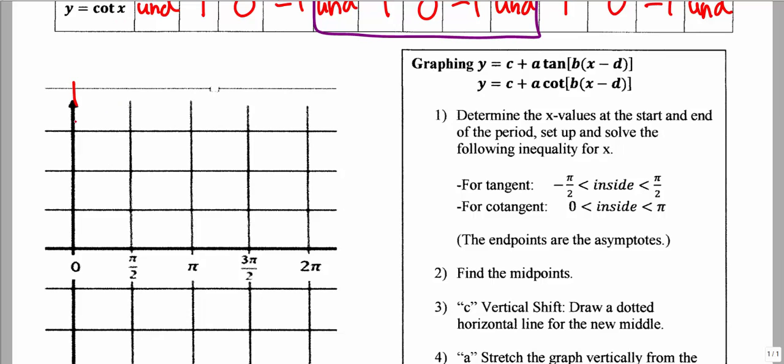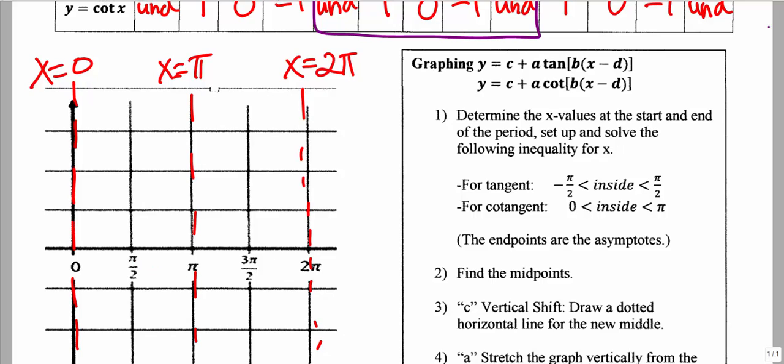So when we graph cotangent, we will have an asymptote at 0. So at x value 0, we have an asymptote. At pi, we have an asymptote. And also at 2 pi. So all multiples of pi where sine is 0, we end up with our asymptotes.